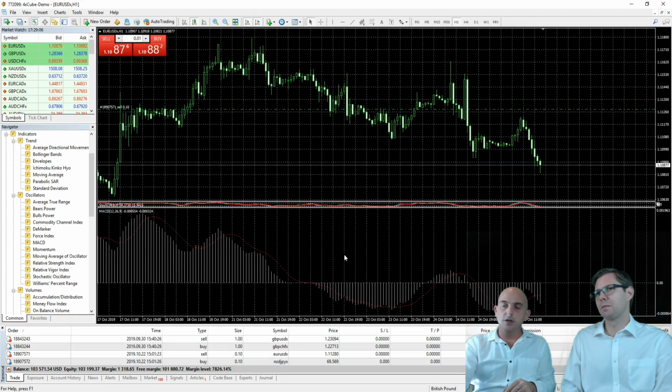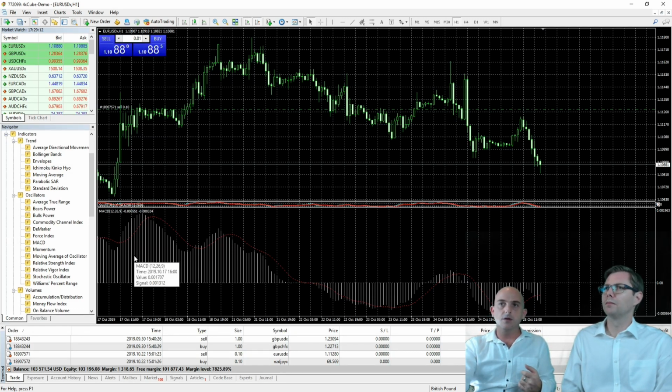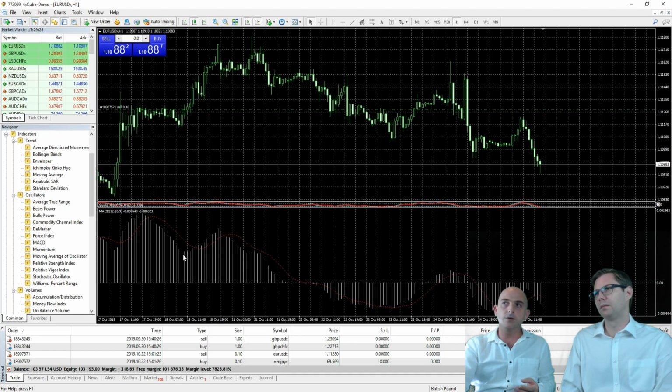All right. So what you're seeing here, the MACD can sometimes be shown as a histogram, like a bar chart. So you're seeing these white bars. This is our MACD. The red dotted line is our signal line.